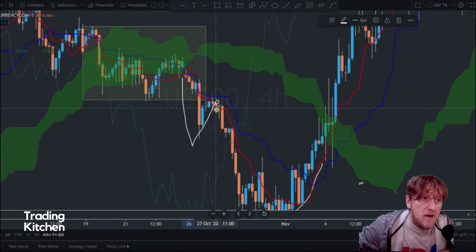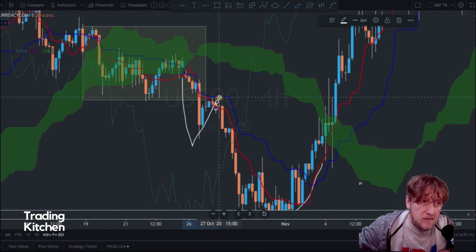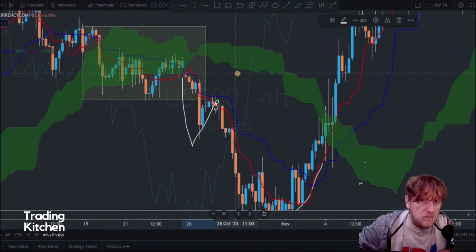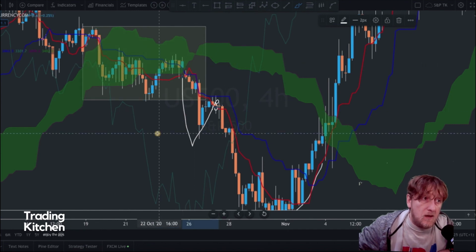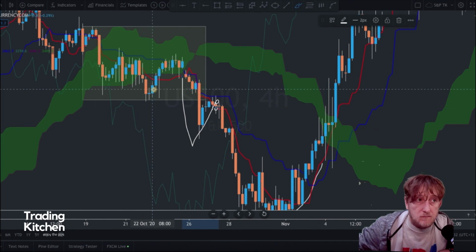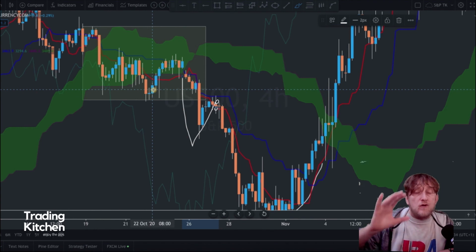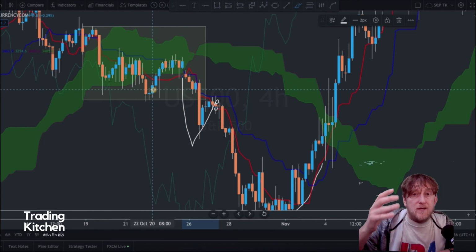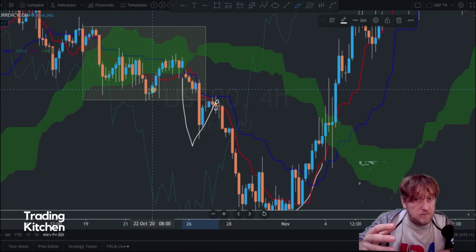On the retest, we have the cross line below the baseline. We have both lines below the cloud, and we have price below the cloud, and we have the Ichimoku line below the price. Okay, so here everything is bearish.